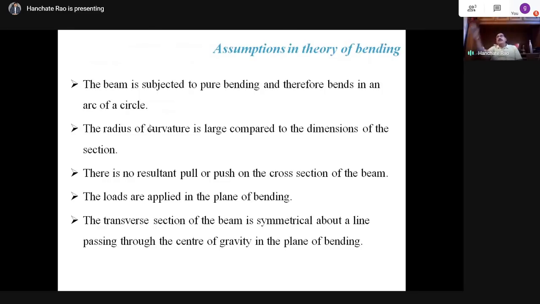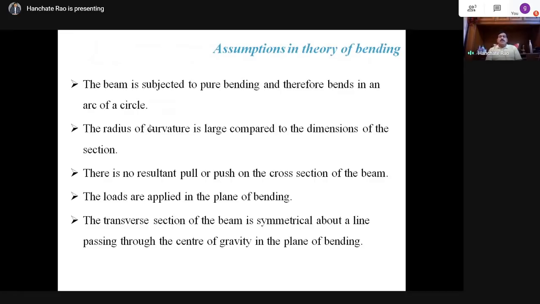It bends into a circular arc. The radius of curvature is large compared to the dimensions of the section. This is another important assumption. The radius of curvature into which the beam bends is very large compared to the dimensions of the section.